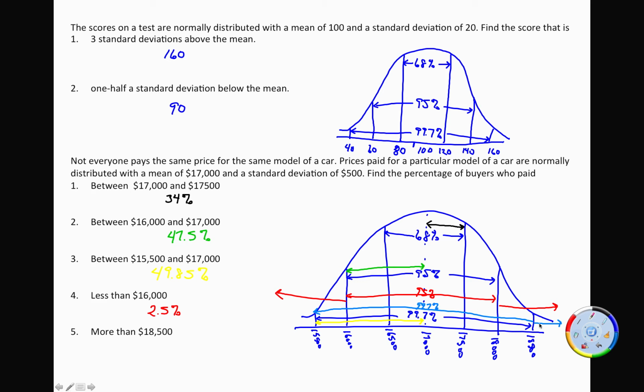So this remaining part on this side and this side has to be 0.3%, right? 100% minus 99.7 is 0.3%, but I only have one side of that, so 0.3 divided by 2, right? Half of 0.3 is 0.15%, less than 1%.